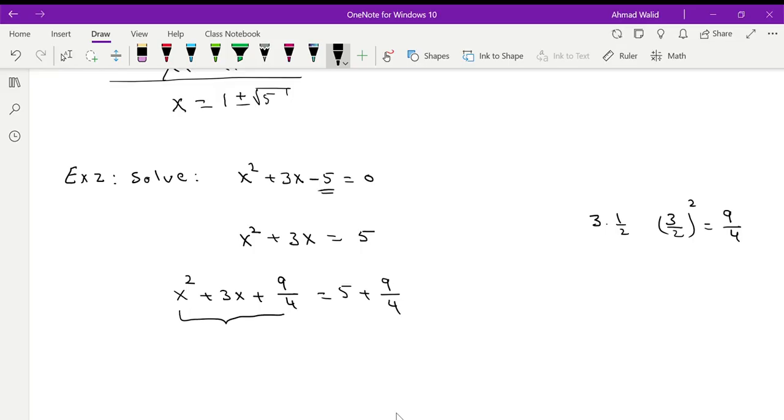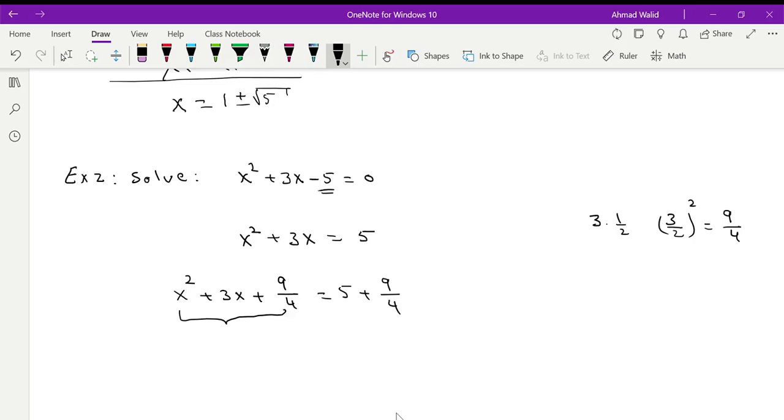I got 3 terms. It's a perfect square trinomial. No need to test it every time. Is this a perfect square trinomial? Yes, for sure, 100%. When you do this process, your left side automatically becomes a perfect square trinomial.